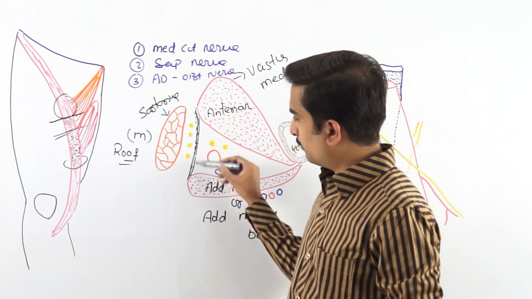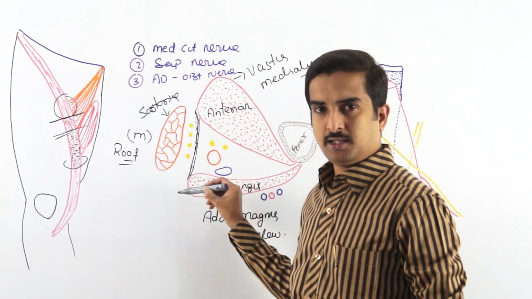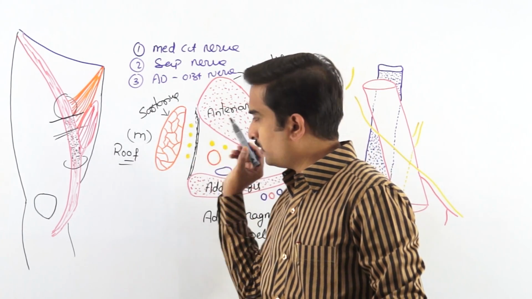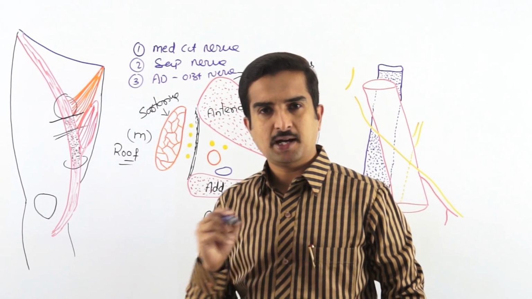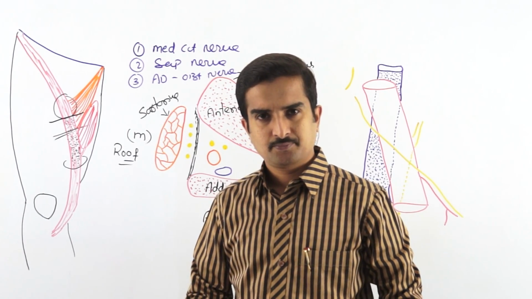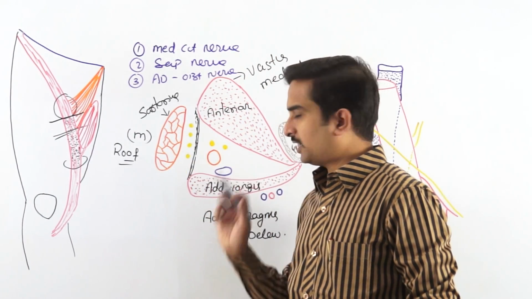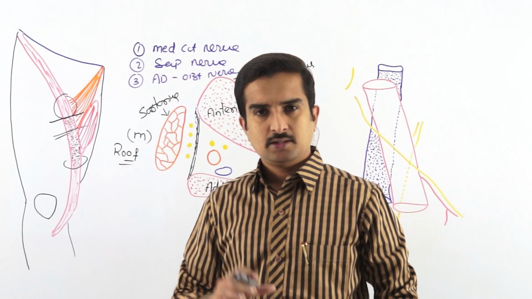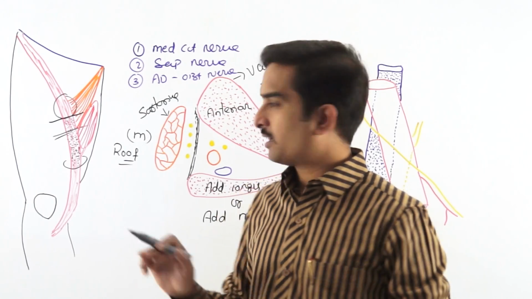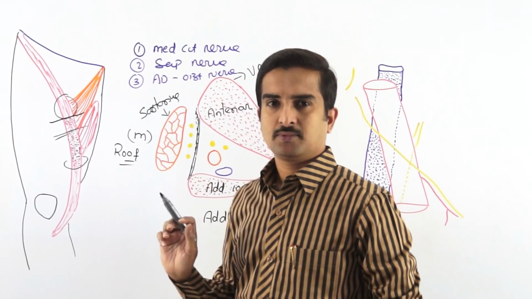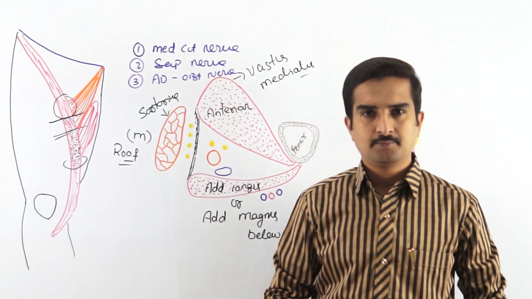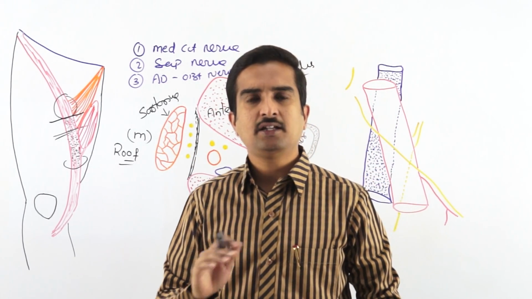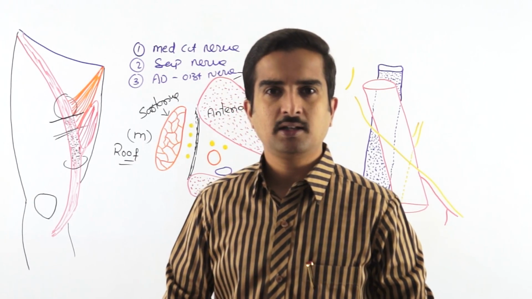The roof is bounded by a strong fibrous membrane, and this strong fibrous membrane is bounded medially by the sartorius muscle. The muscle is separated from the membrane by subarterial plexus. These subarterial plexus are derived from three nerves: medial cutaneous nerve of the thigh, next the saphenous nerve, and next the anterior division of the obturator nerve.